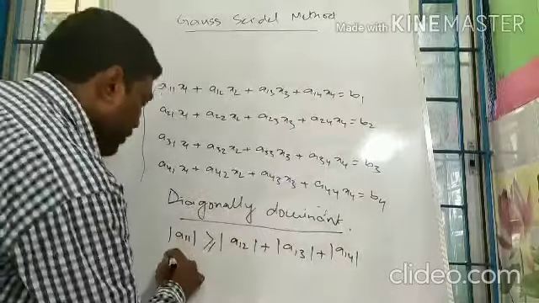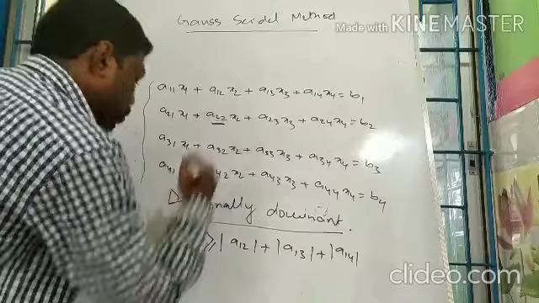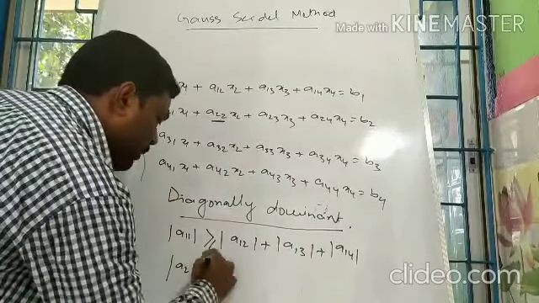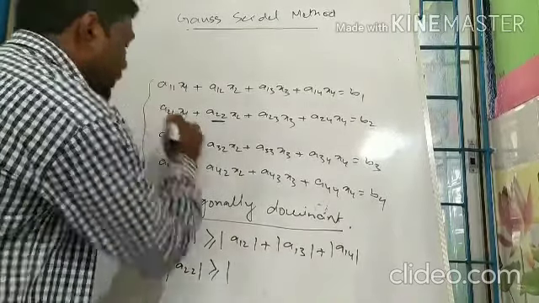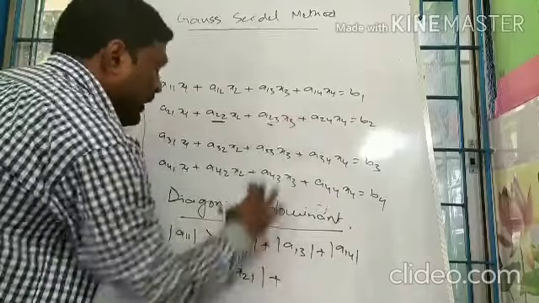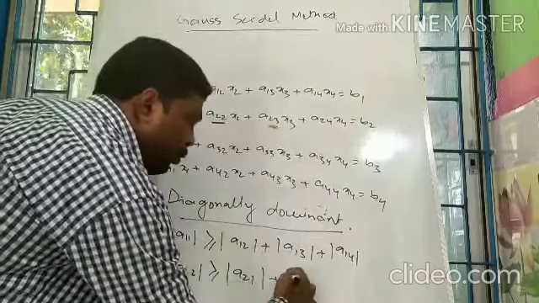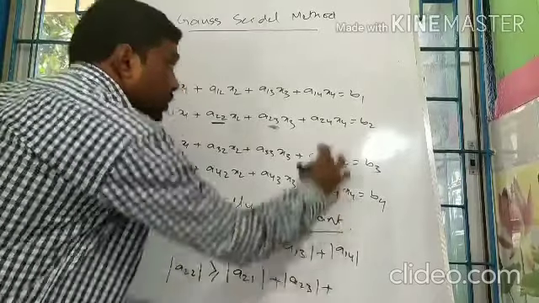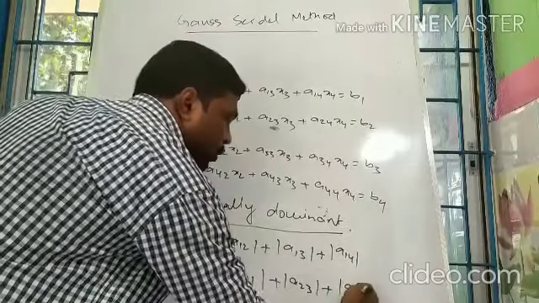Not only that, mod a22 must be greater than equals to mod a21 plus mod a23 plus mod a24.